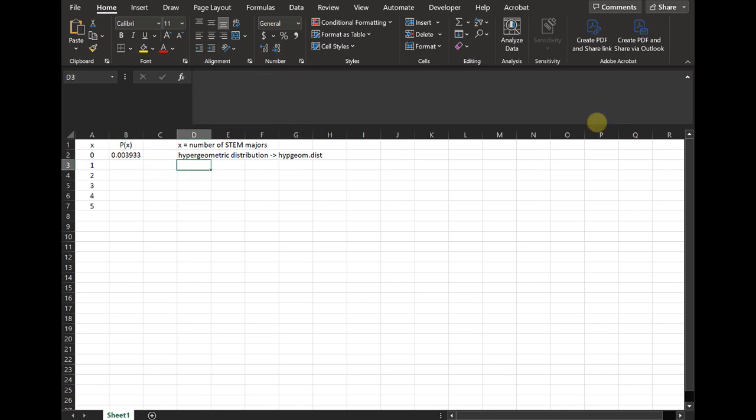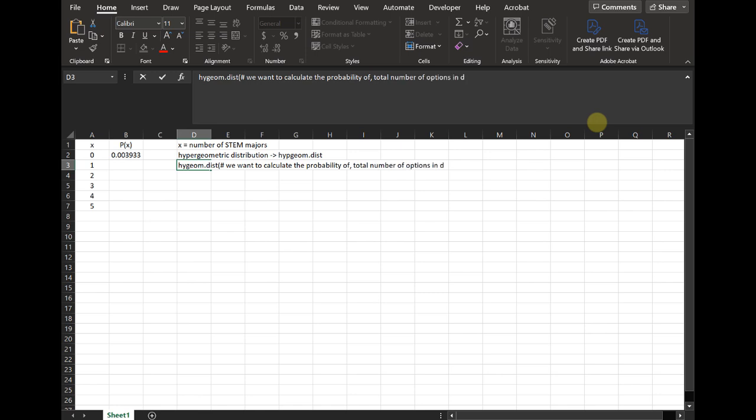So if we wanted to just write out some prompts for this: it's the number we want to calculate the probability of, and then the total number of options in the subgroup, and then the total number selected from the population, and then the total in the population.